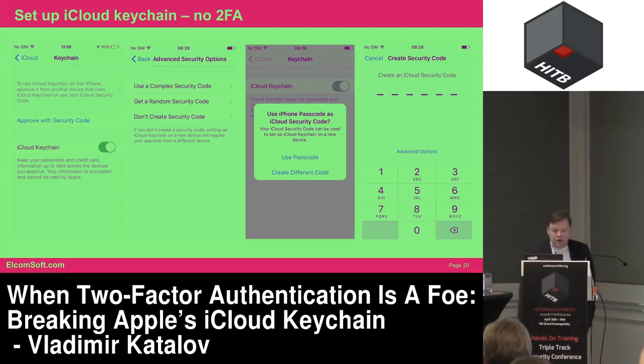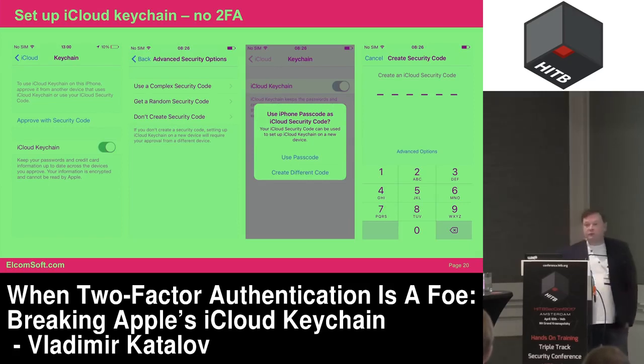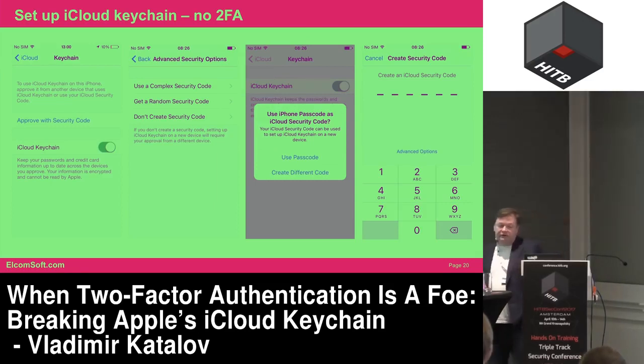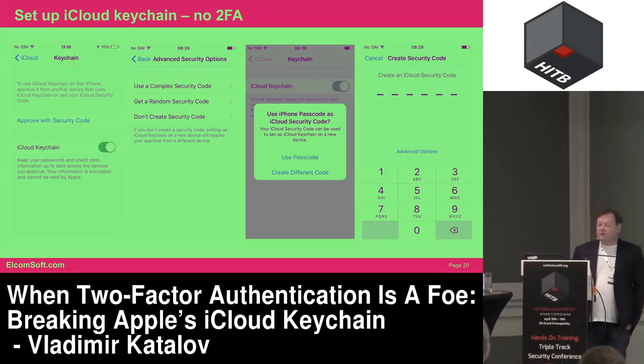You'll have to select a security code, and Apple says that it is optional, and you may not set the security code at all. But in that case, once every new device is connected to the same account and needs to be synced, to have the iCloud keychain synced, you will have to manually confirm from the other device.